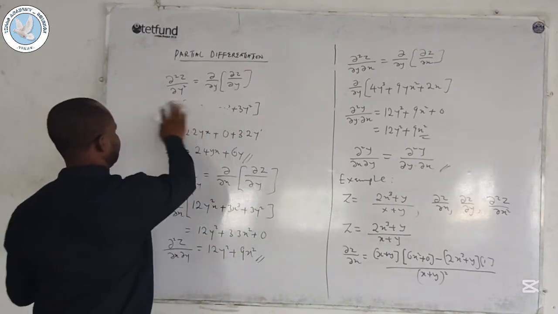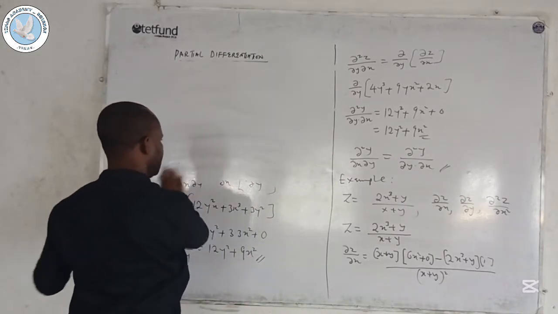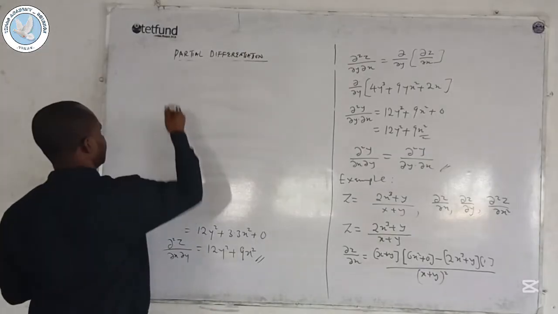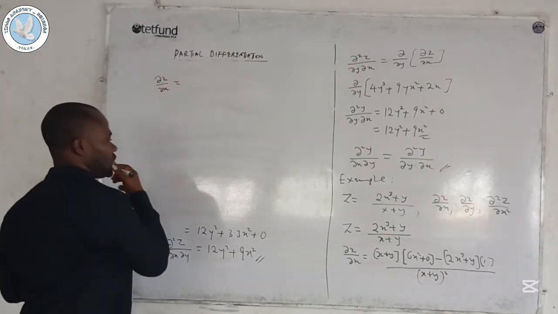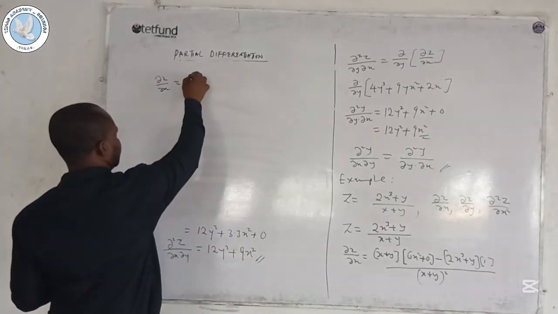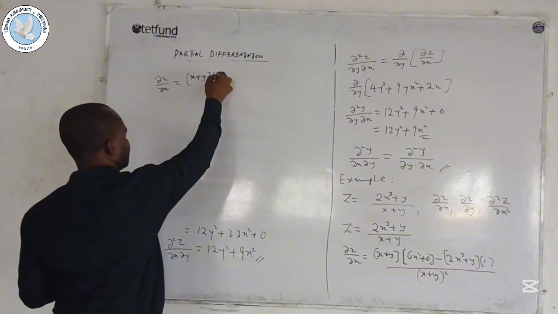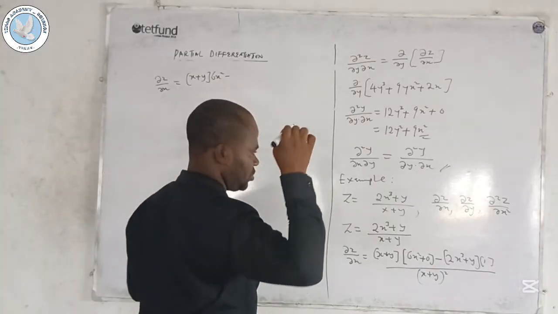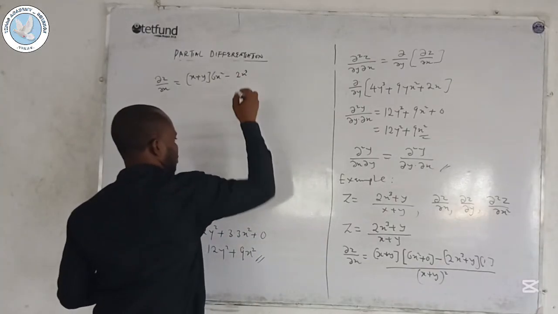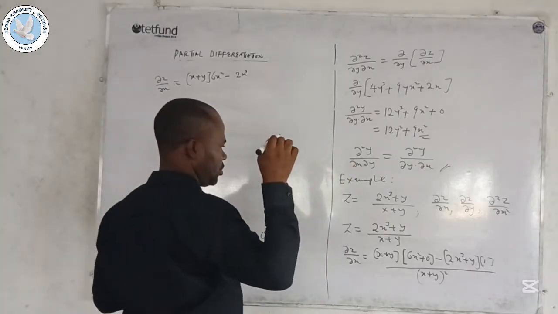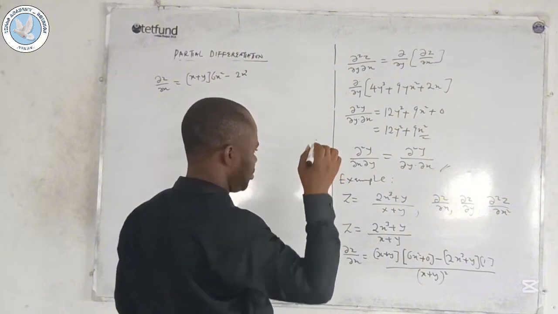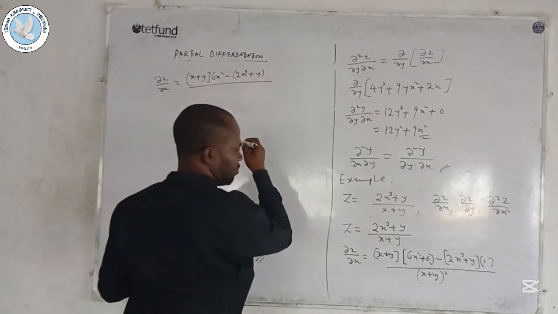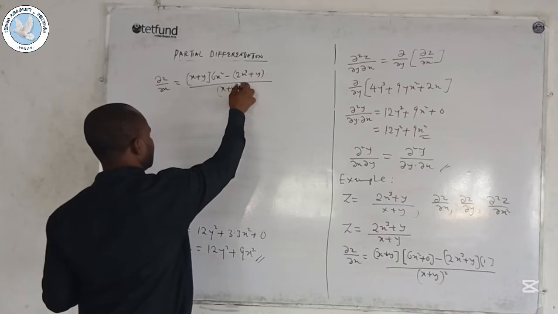So rearranging the solution, we have that this becomes 6x squared minus 2 cube plus y, divided by this plus this all squared.